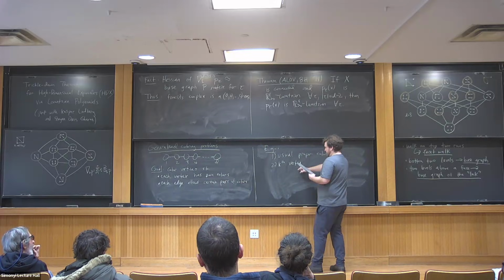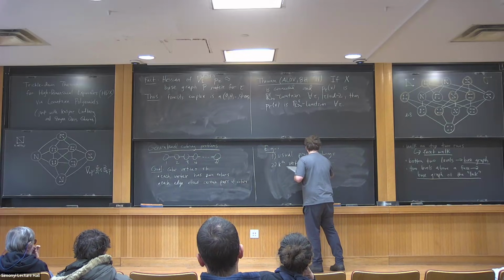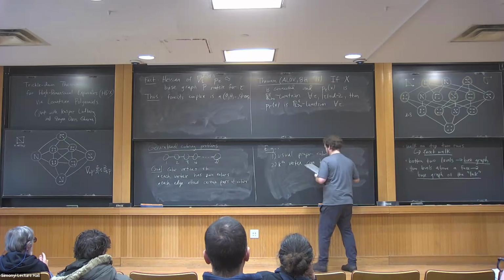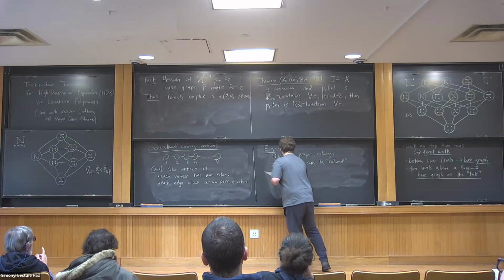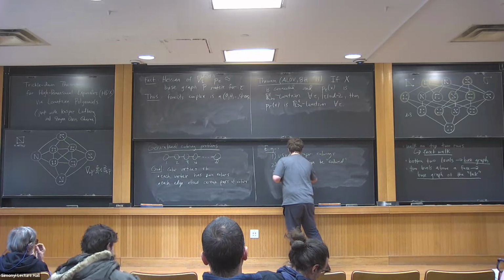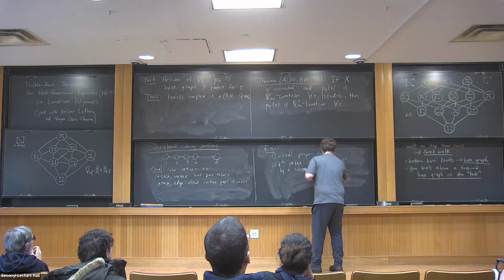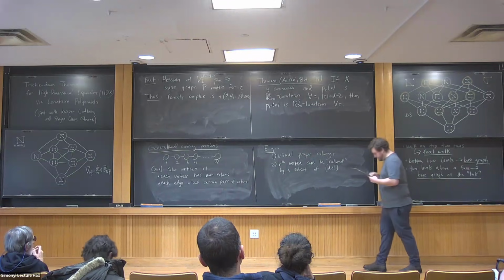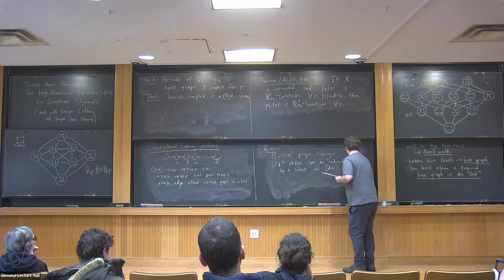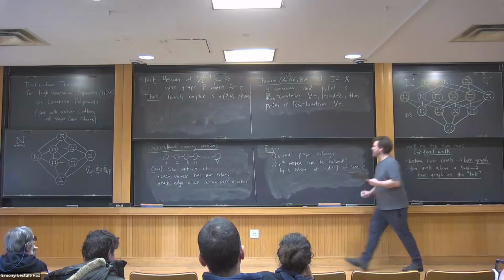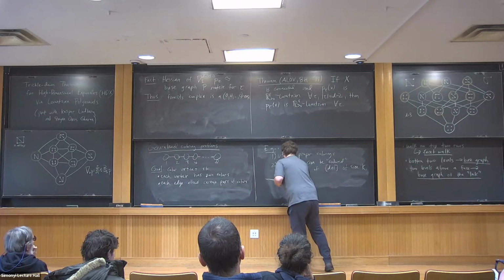I'm going to let the kth vertex be colored by a subset of, let's say, the natural numbers between 1 and d plus 1, of size k. What do the edges force?